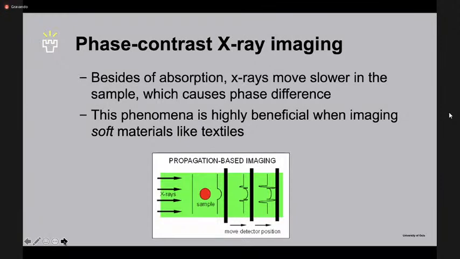This could be a line profile. However, if you move your detector away, you start to see this kind of edge enhancement. This edge enhancement results from the fact that the X-rays move slower in the sample, and it also causes a phase difference in the X-rays. When you place the detector far enough, there's a superposition of the X-rays, and that enhances the edges. This is especially useful when you're imaging soft materials like textiles.